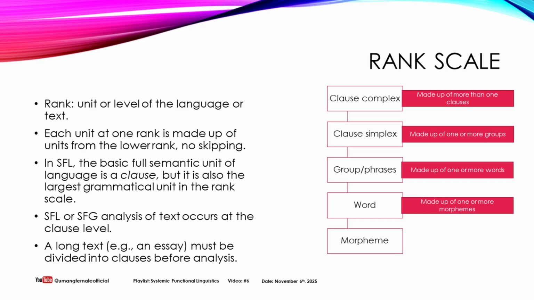However, when we talk about a clause as a grammatical unit, it is the largest one. When a text is analyzed using SFL, the analysis occurs at the clause level. Therefore, a long text like, let's say, an essay, must be divided into clauses before the analysis.